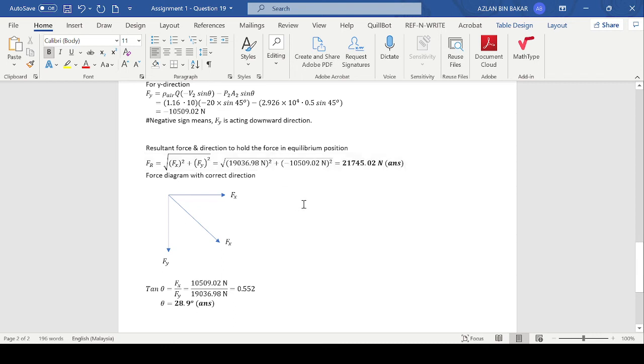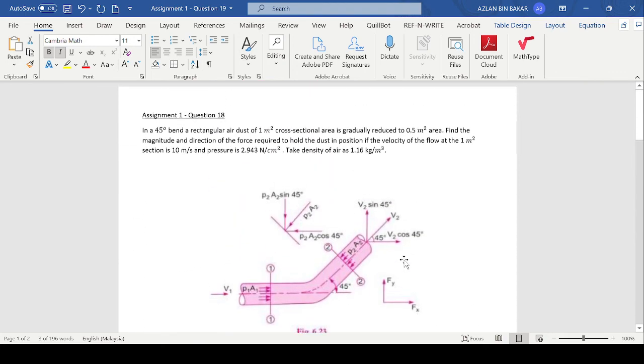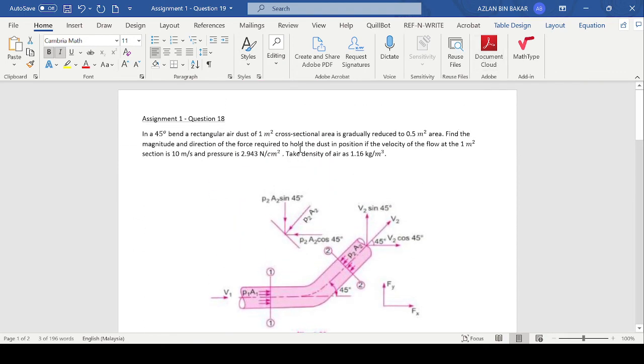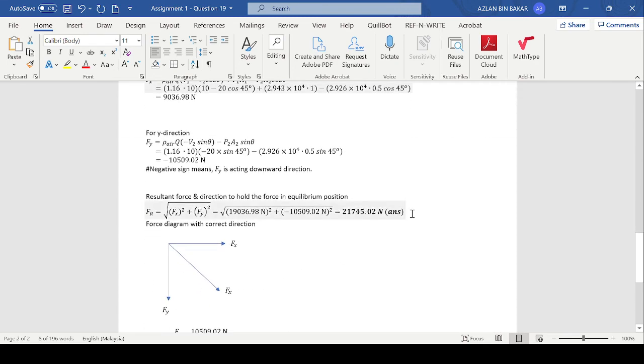Just plug in the Fx and Fy numbers, and then we will get the resultant force, which is the force required to hold the duct in position in this tube. So this is our answer.